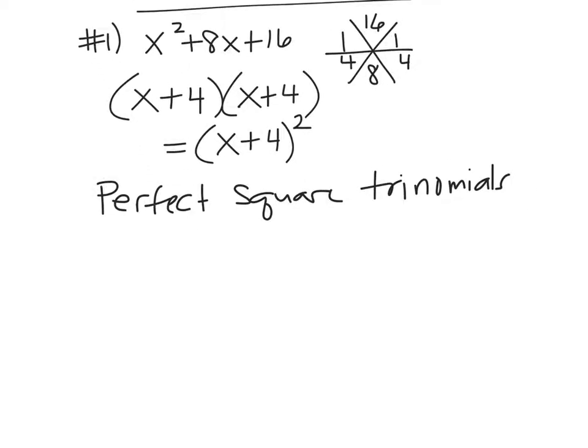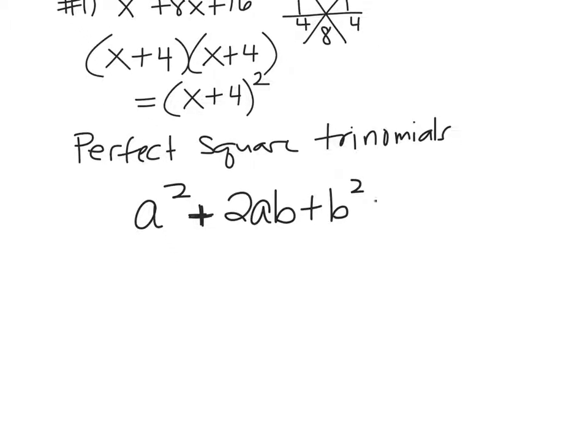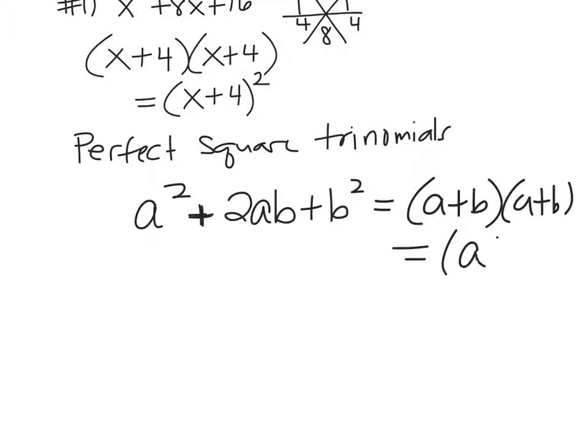Okay? So this is what it looks like. If you have a squared and your middle term is plus 2ab and your last term is b squared, then what happens with these is they will factor as a plus b times a plus b, which is just a plus b squared. Those are called perfect square trinomials.